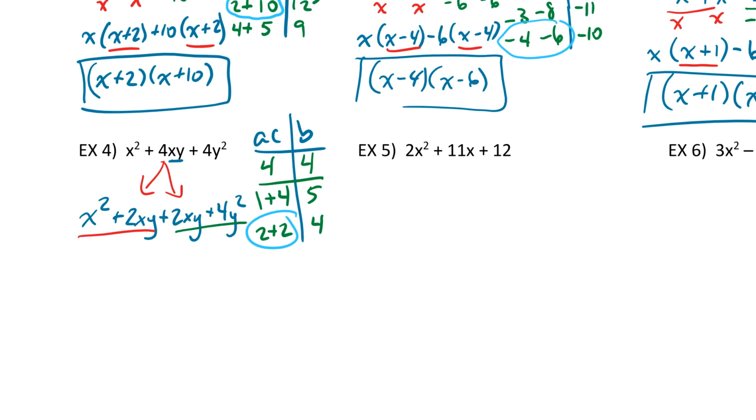So for the first group, just x is going to be the GCF. So we have x times x plus 2y. For the second group, we have 2y as our GCF. So we have plus 2y times x plus 2y.